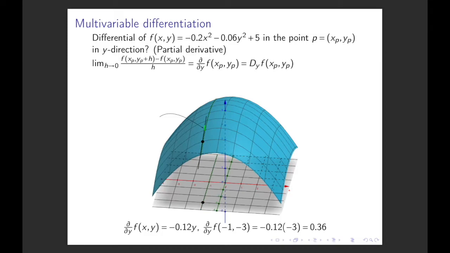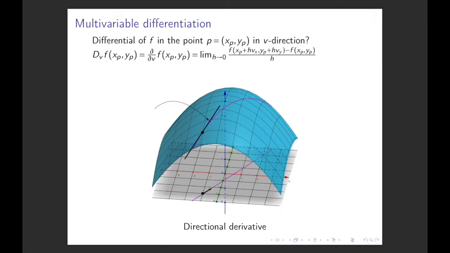And at the point minus 1, minus 3, the partial derivative in y direction is 0.36, which we get by taking the y value of our point as a y in the derivative. So this is, if moving on the tangent that is attached to the function f in y direction, we get 0.36 up if we move distance 1 in y direction.